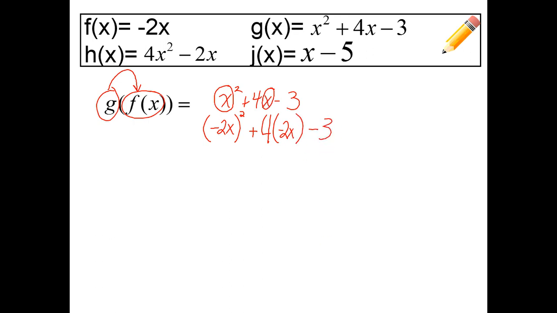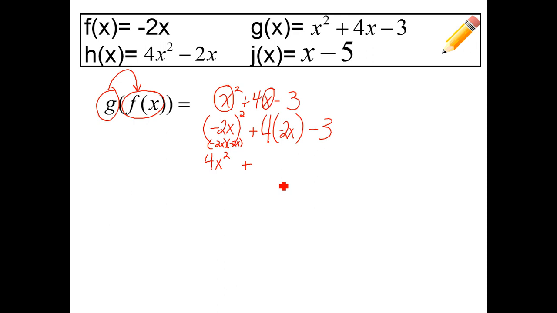And now I'll go ahead and calculate this or figure this out. Be careful here, negative 2x squared, guys, means it's negative 2x times another negative 2x. So negative 2 times negative 2 would be positive 4. X times x makes an x squared. That's what that term becomes when you square it.